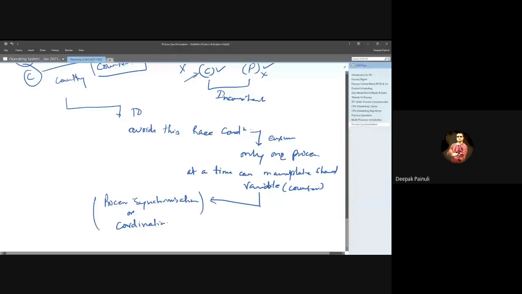That's the reason, to avoid this type of inconsistency or to avoid race condition, we need the process synchronization or process coordination concept, right? So for that, we have the concept of critical section. So what is the critical section here? For these two processes, this statement is the critical section, right?